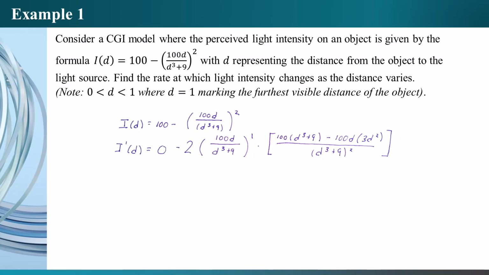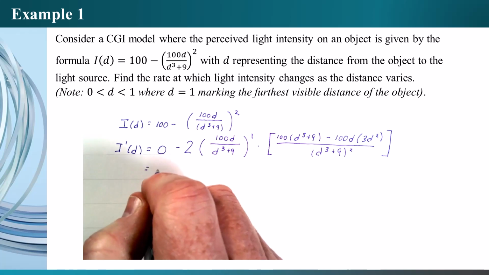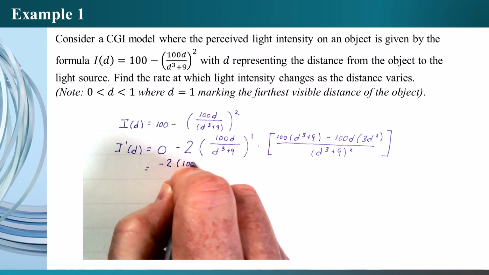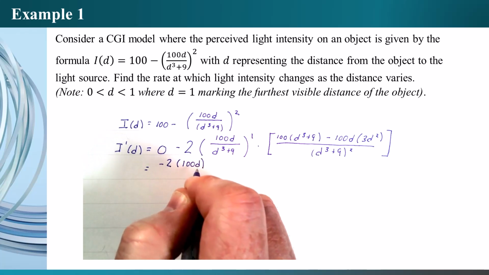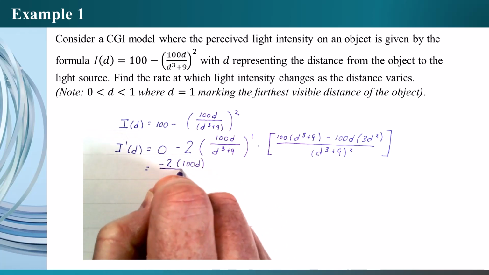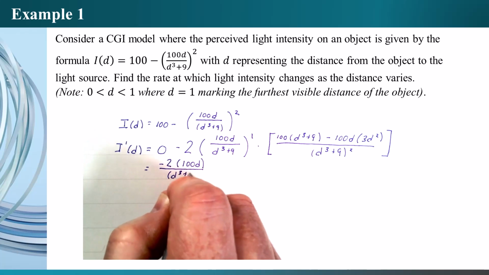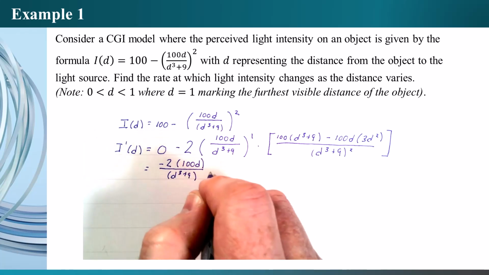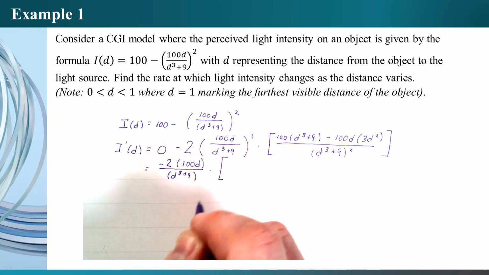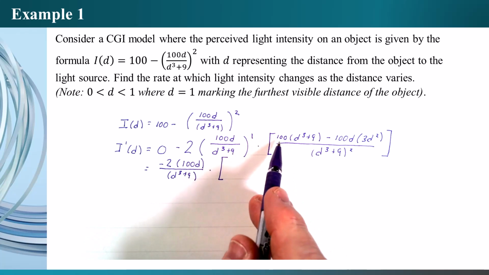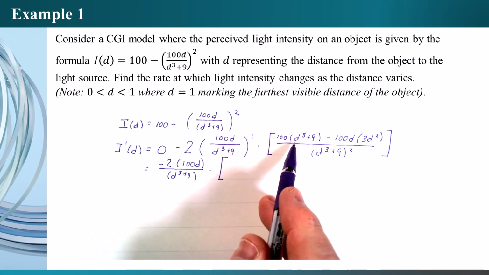And now it's just a matter of cleaning this up some if we can. Negative 2 times, we've got 100d, and in the denominator here we have d cubed plus 9. And now let's look and see what's inside the brackets here. Notice that we have 100 times d cubed, also we have 100 times 9.